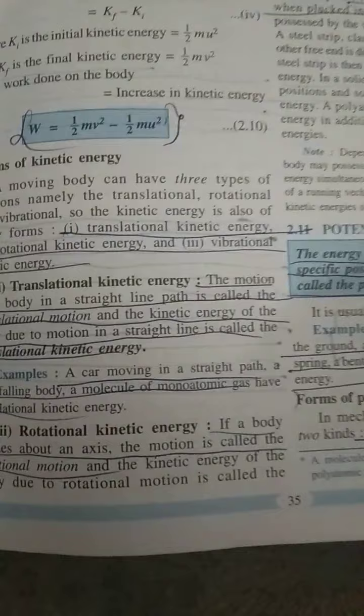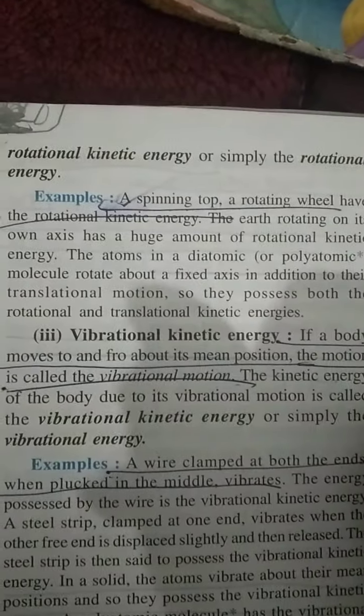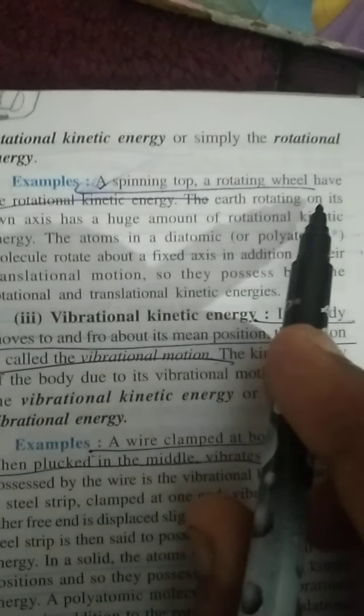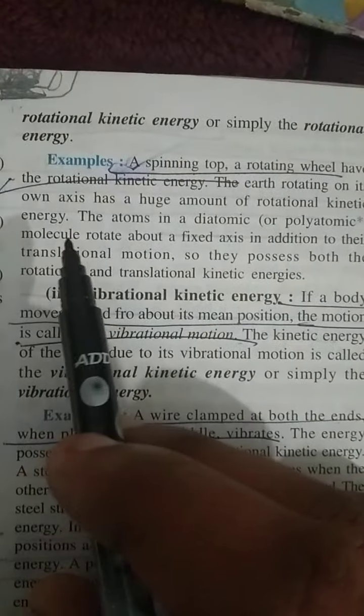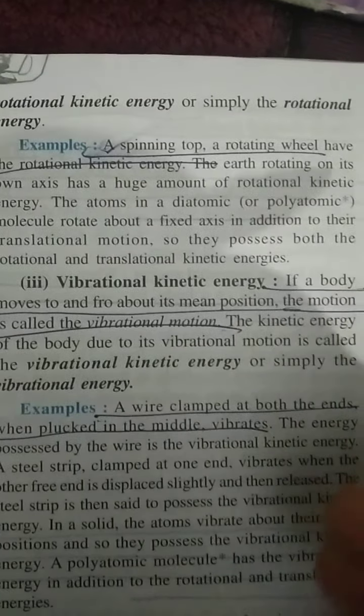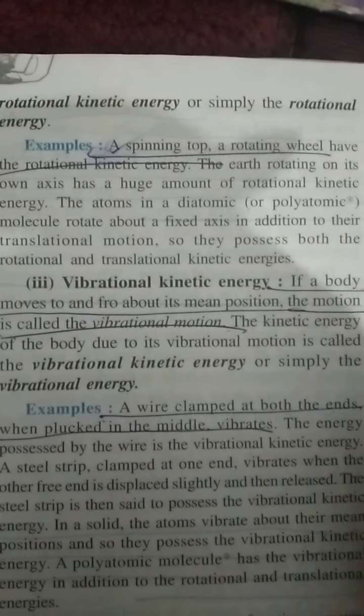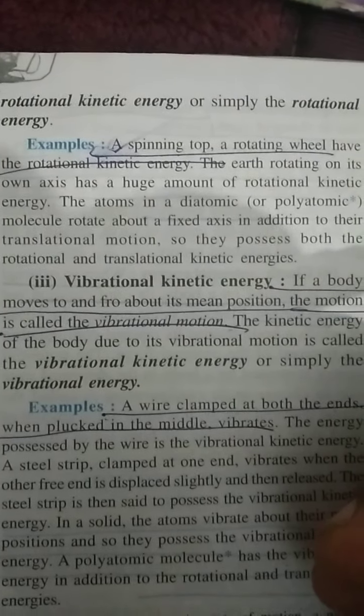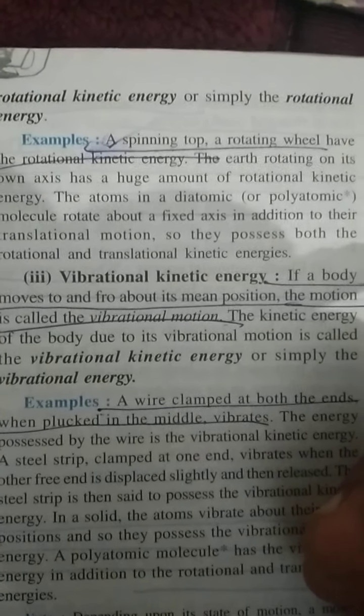When the body is in rotational motion, it has rotational kinetic energy. For example, a spinning top or a rotating wheel. Even the earth rotating on its own axis has a huge amount of rotational kinetic energy.